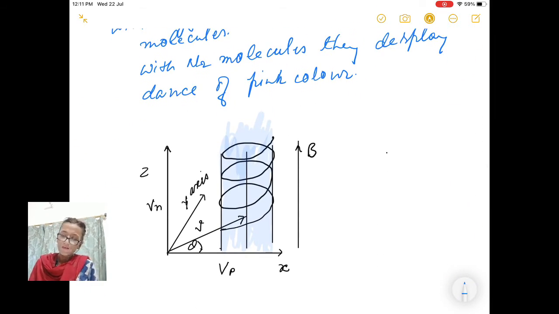Here you can see the velocity has two components. This is the velocity and this is the magnetic field. One component of velocity is along the magnetic field and the other component is perpendicular to the magnetic field.